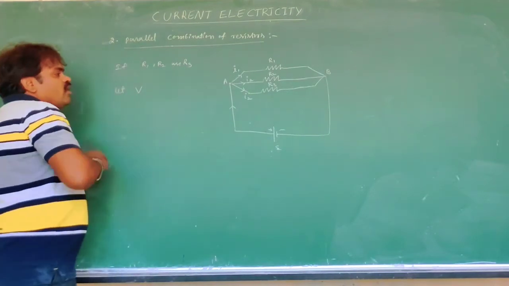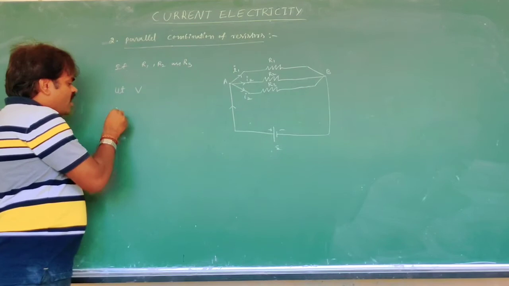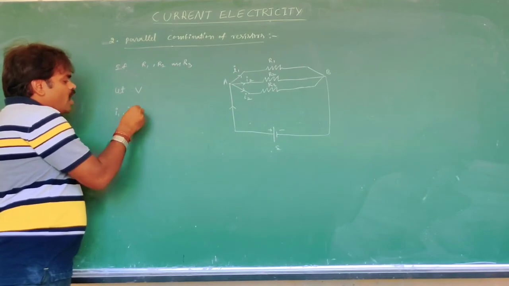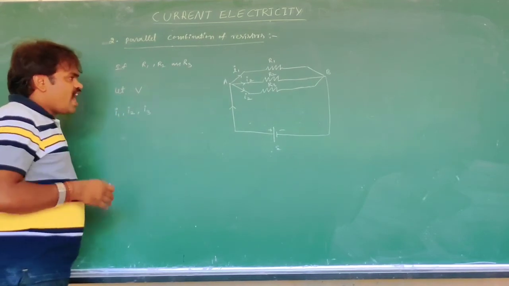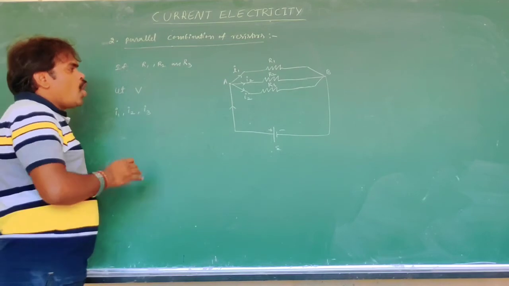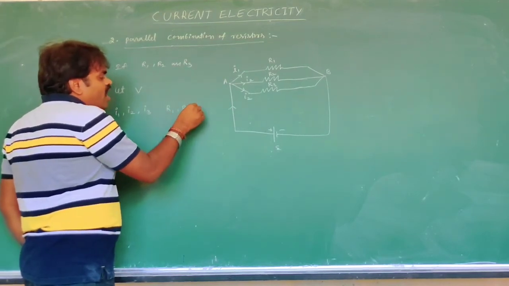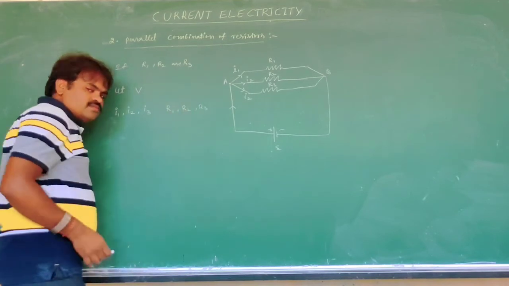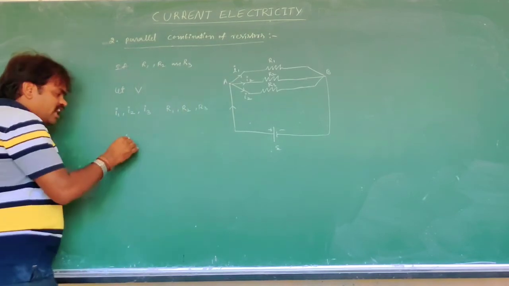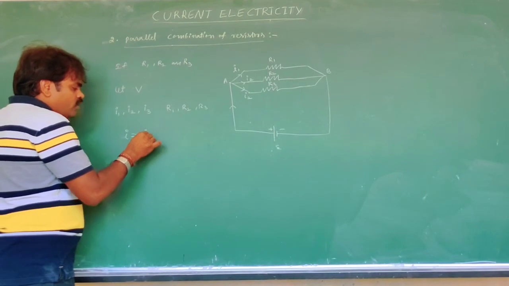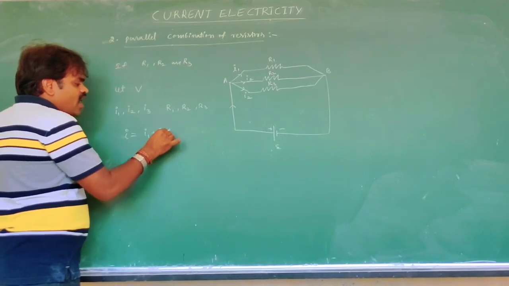I1, I2, I3 are the currents flowing through R1, R2, R3 respectively. Then the total current I is equal to I1 plus I2 plus I3.